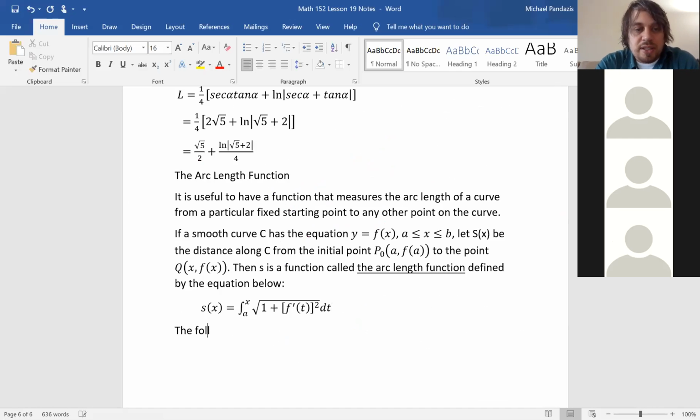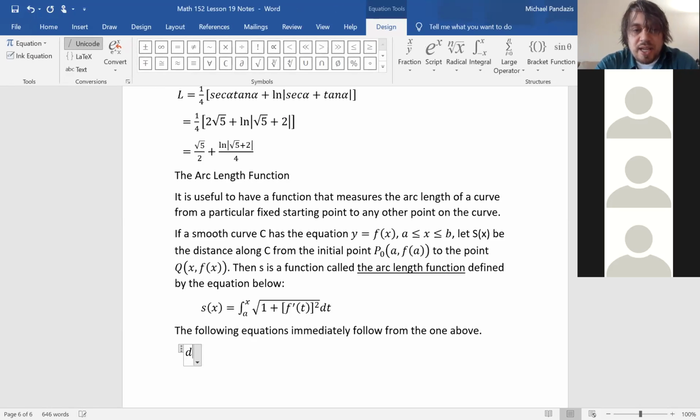And so the following equations immediately follow from the one above. So you have s of x is equal to that. So ds dx is equal to the square root of 1 plus dy dx squared.